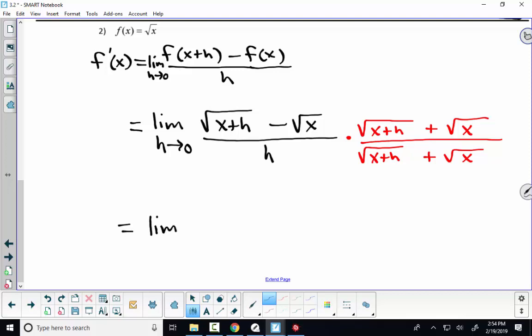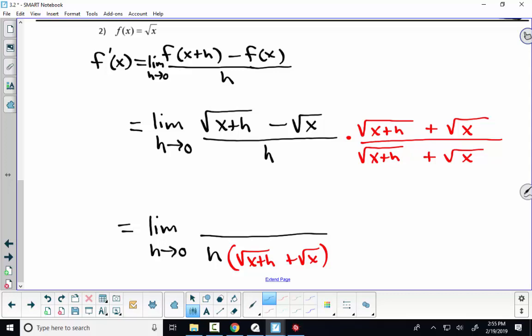Again, initially we want to leave the denominator alone. What would the numerator be?